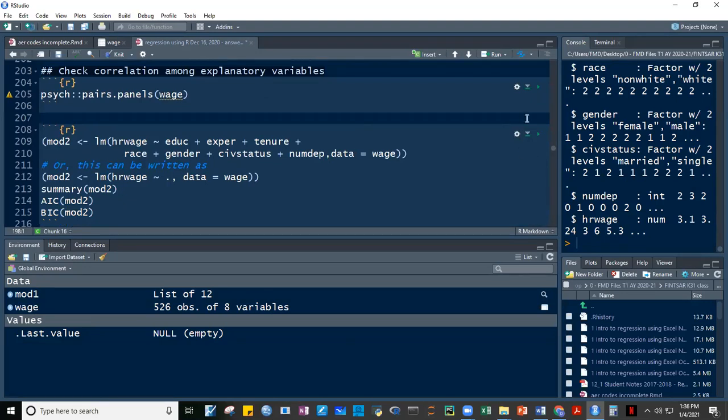Okay, so sabi natin guys, importante na makikita natin yung relationship ng explanatory variables natin at saka yung outcome variable natin. Ang outcome variable natin si HR wage, explanatory natin yung lahat, no? So let's see. Let's use the psych package, yung pairs.panels. Tingnan natin to.